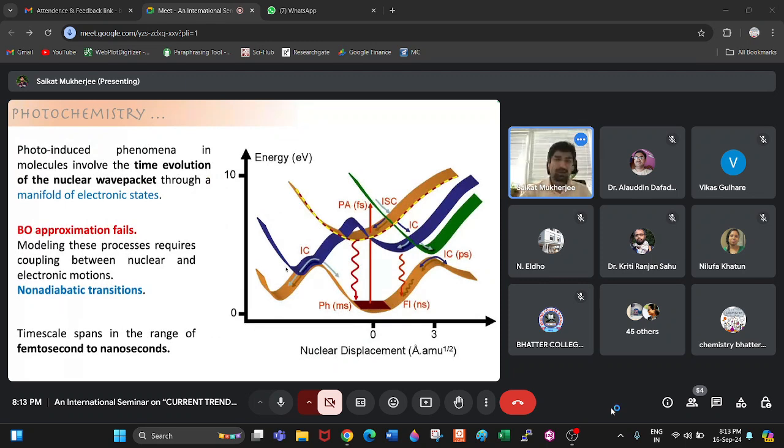Okay, so now the theoretical foundation of photochemistry. Whenever we talk about photochemistry, we are trying to simulate something about this picture. So this is your molecule in the ground state, as you can see. After absorbing light, as I said, your molecule is promoted to a higher excited electronic state.